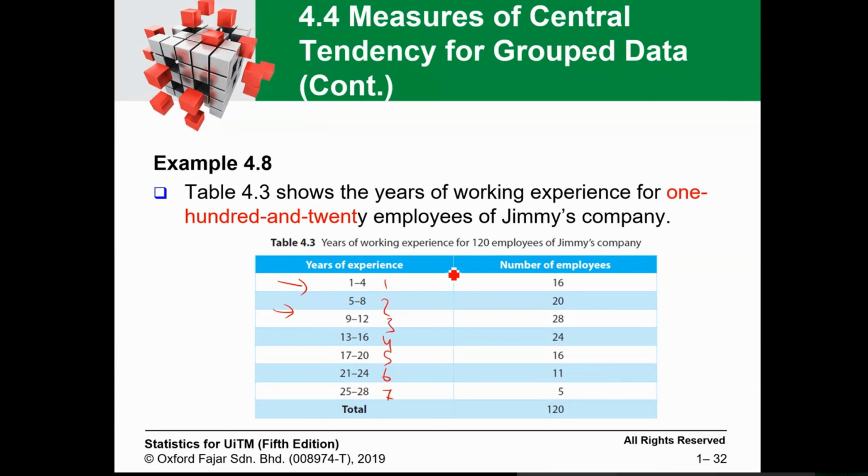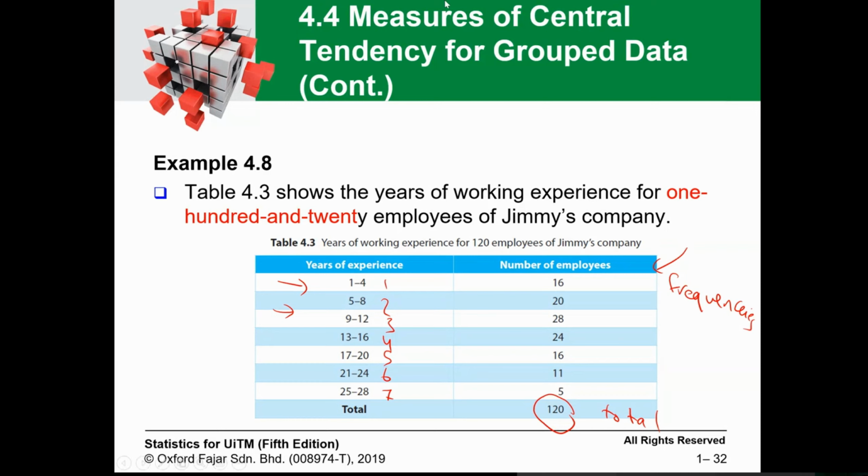You see how our data is grouped. Here is the frequency, here are the frequencies, and here is the total number. So let's work it in our Excel sheet to see how it works.